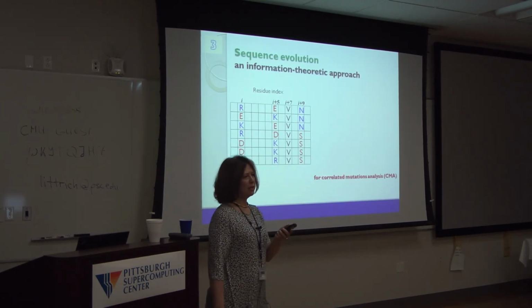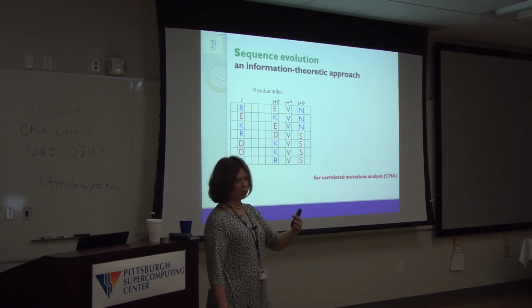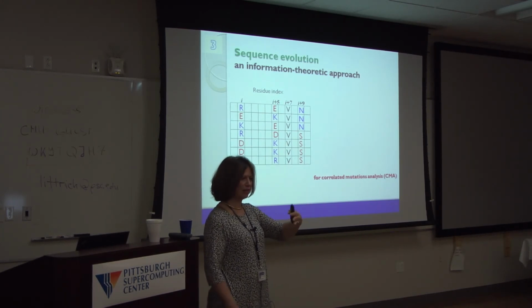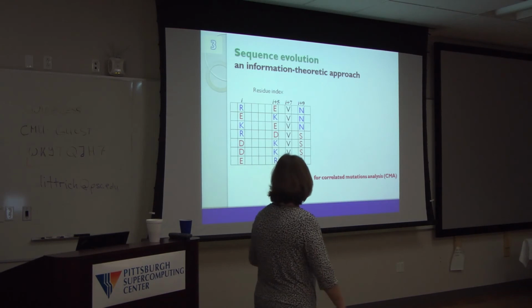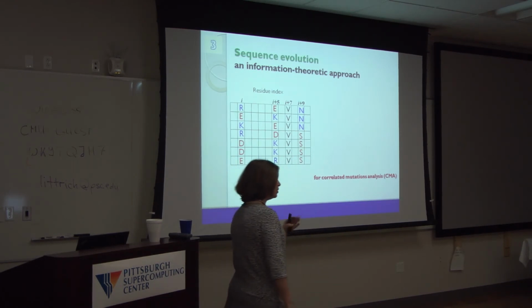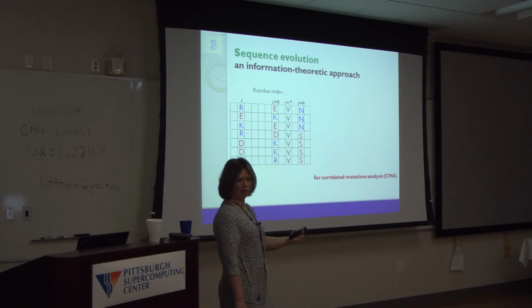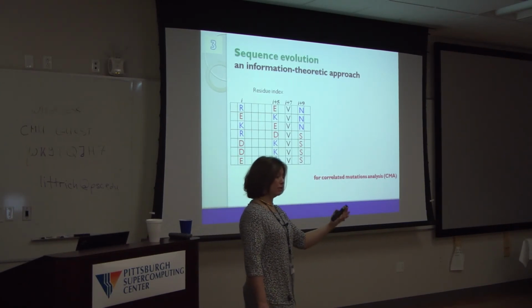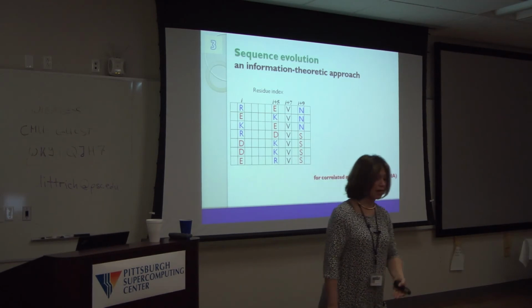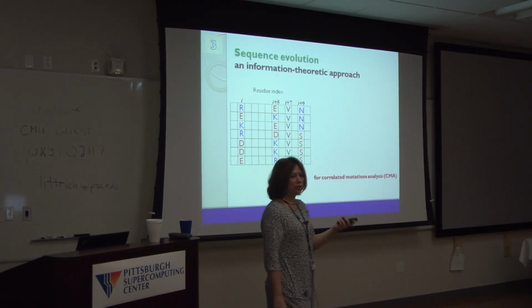Or these may be paralogs in the same species but with similar functionality, things that have been changing throughout evolution. Usually we do the analysis with orthologs, different species, but you can have either. Or you can have the same species, same enzyme, same protein, but mutants, okay?